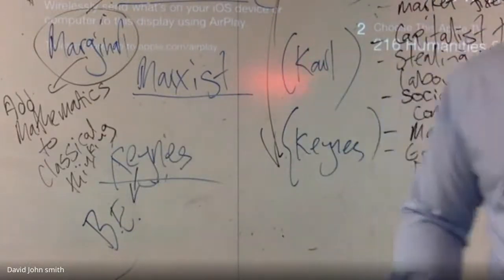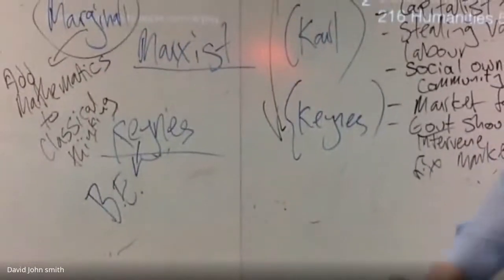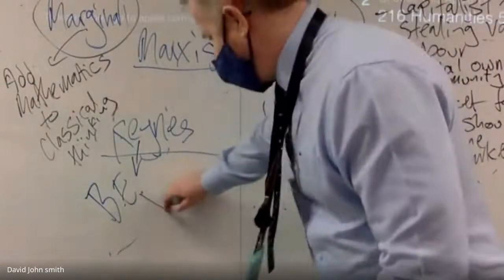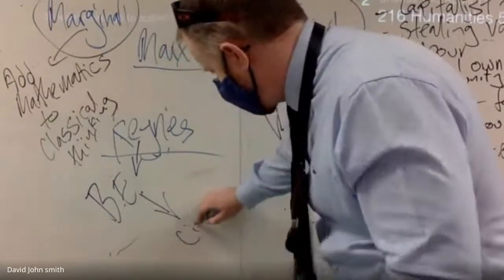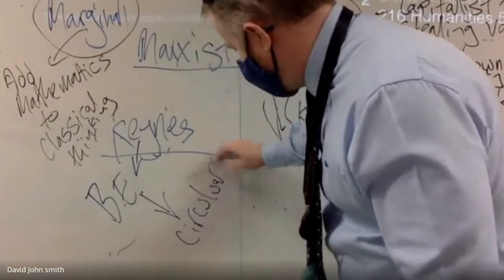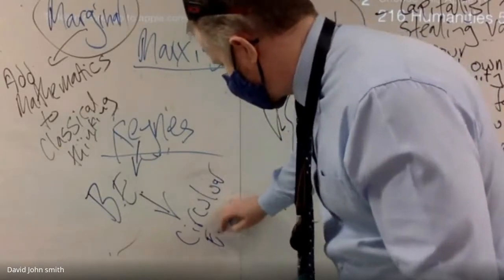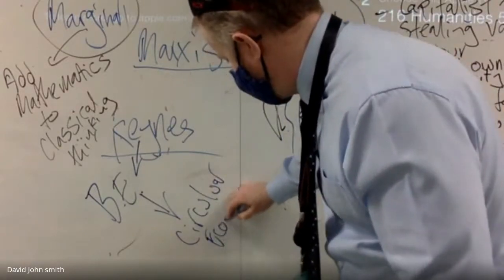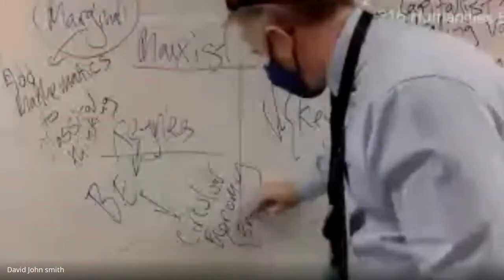And then if you wanted to go a step further again, then you bring up things like the circular economy, which isn't a circular flow, which is about the environment.